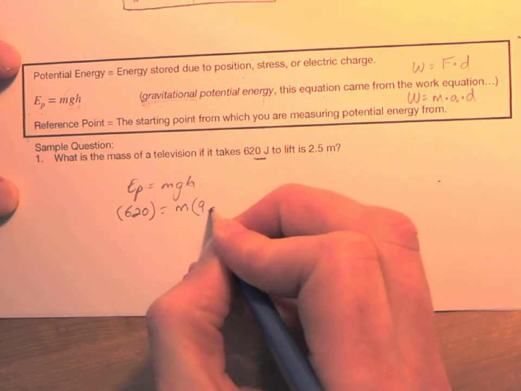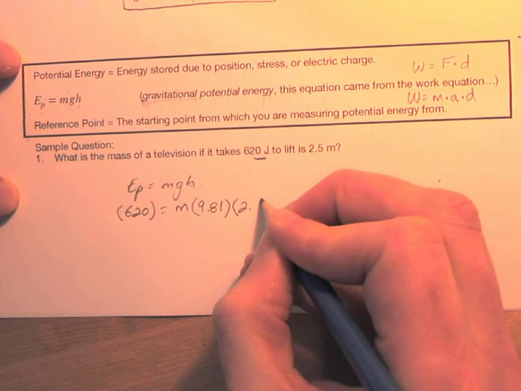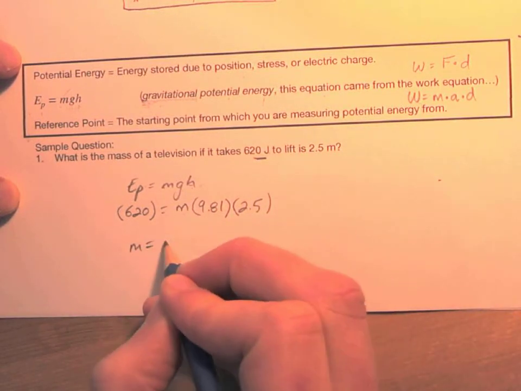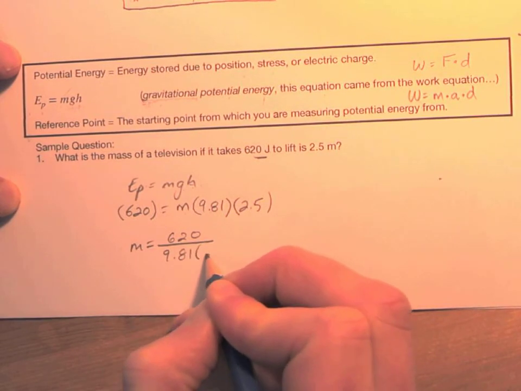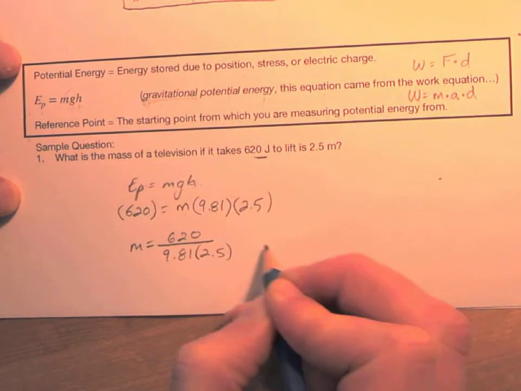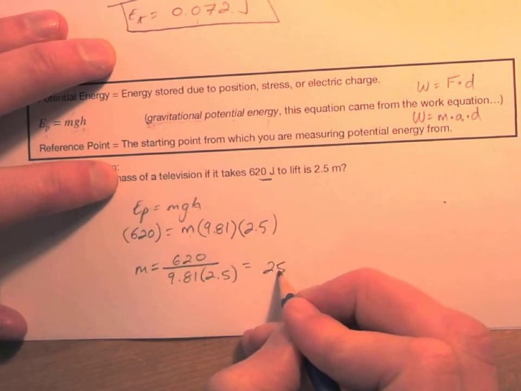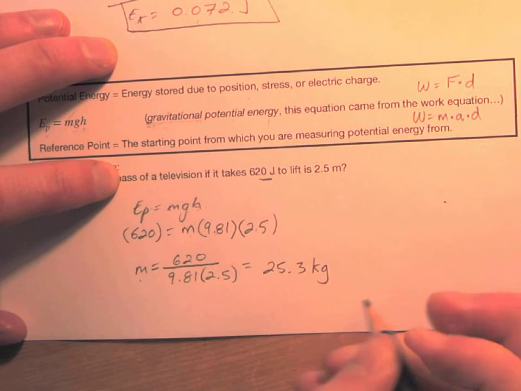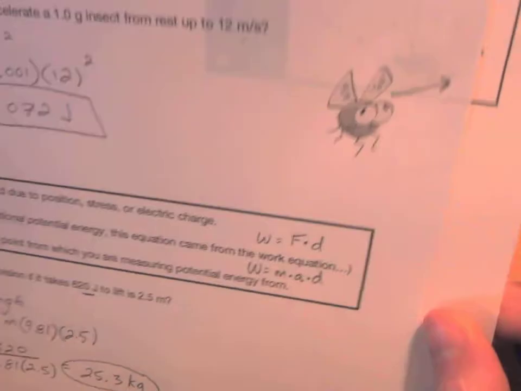Gravity is always 9.81 on Earth. And our height from the surface of the Earth is 2.5. Solve for m. So we have to divide by 9.81 and by that 2.5. We end up getting 25.3. What's the unit? Mass, so it's got to be kilograms. That's how heavy the TV is.